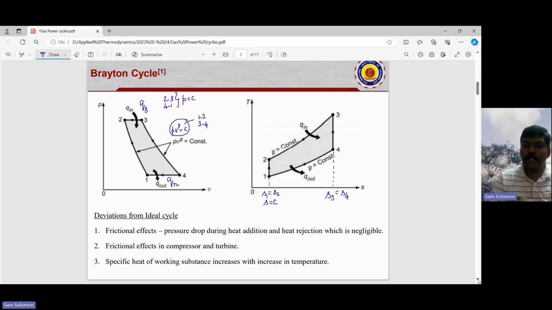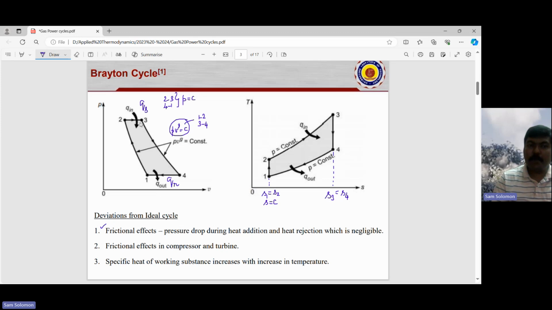So what are those deviations, or what makes these deviations happen? The first one that you can see is the frictional effects. One thing is that during process 2-3 and 4-1, that is during your heat addition and heat rejection processes, there can be a pressure drop, which means P equal to constant is no longer P equal to constant.